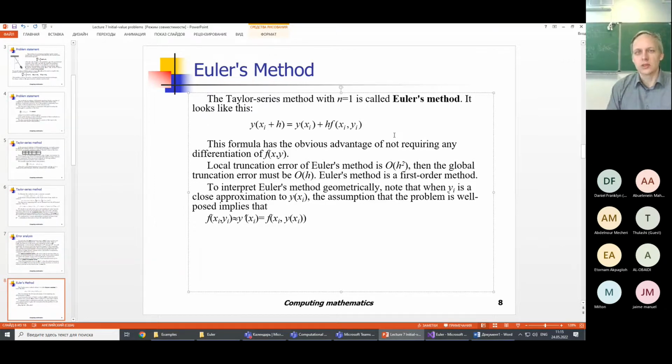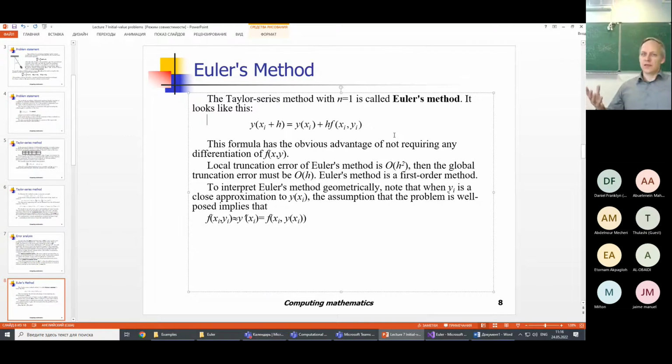This formula has the obvious advantage of not requiring any differentiation of f of x, y. The local truncation error of Euler's method is O of h squared, and the global truncation error is O of h, order of h.